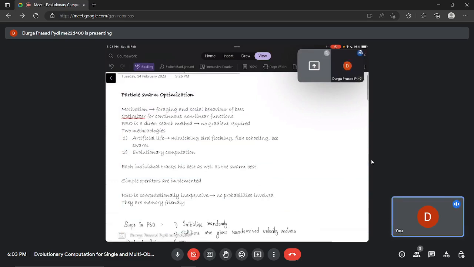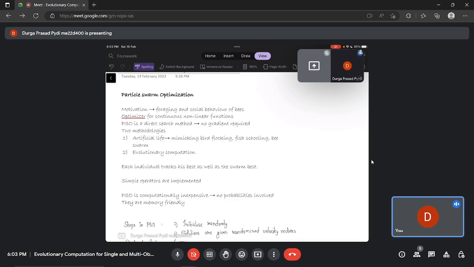In this particular technique, the main idea is that, like all these evolutionary techniques we have seen previously, we mimic nature: we identify some of the patterns in nature and use those to solve our problems. In particle swarm optimization, we are mimicking the behavior of bees searching for food.